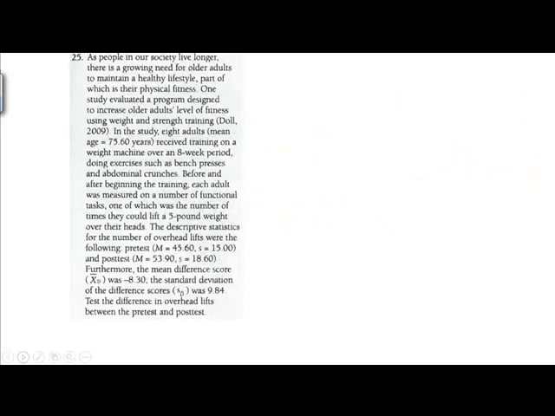25. As people in our society live longer, there's a growing need for older adults to maintain a healthy lifestyle, including physical fitness. One study evaluated a program designed to increase older adults' level of fitness using weight and strength training. In the study, 8 adults received training over an 8-week period. Before and after, we measured them, one measure being the number of times they could lift a weight over their heads.